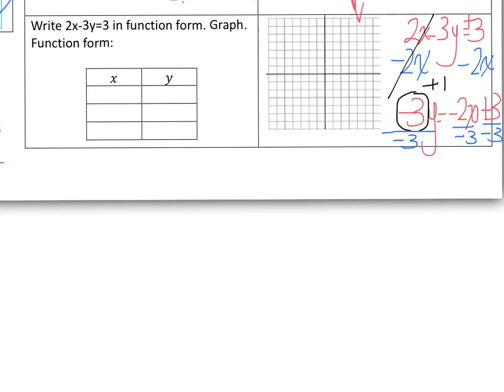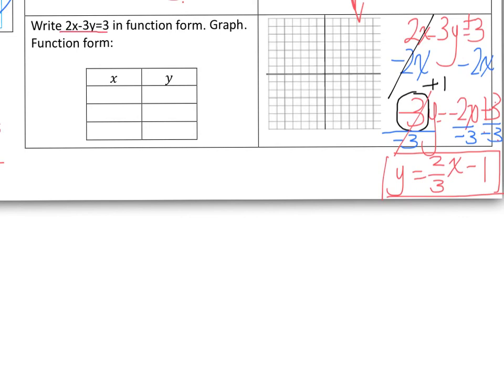So this would be y equals 2/3 x, positive, negative, negative 3 divided by 3, 1. And that will be our function form for 2x minus 3y equals 3.